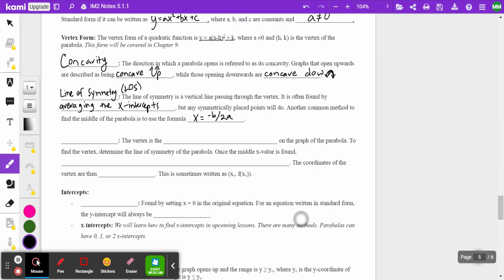Okay, and let's talk about the vertex. The vertex is the highest or lowest point on the graph of a parabola. Highest if you're opening down, lowest if you're concave up.